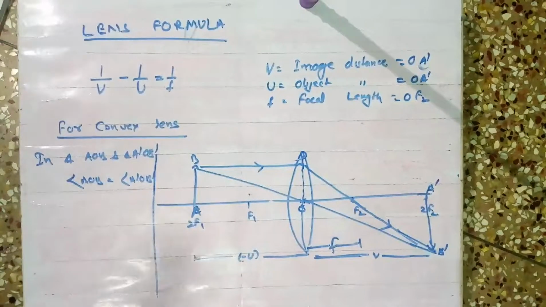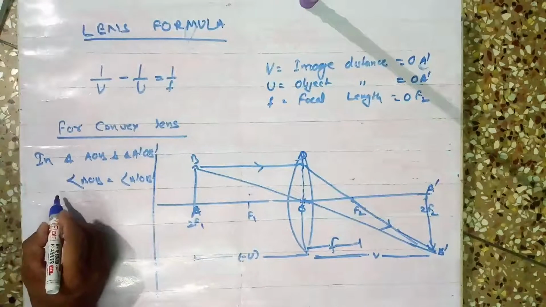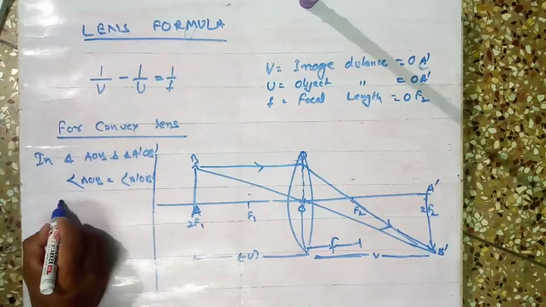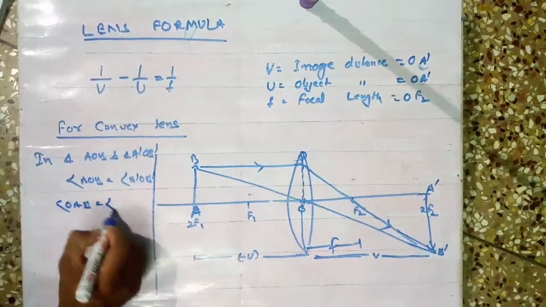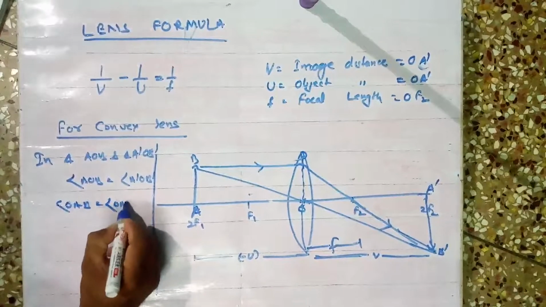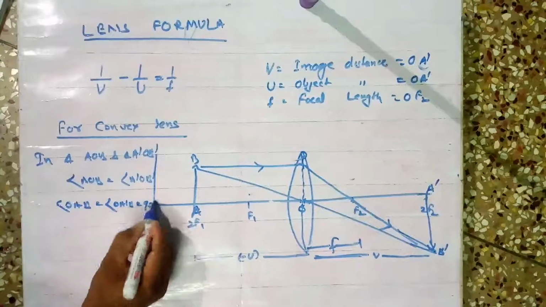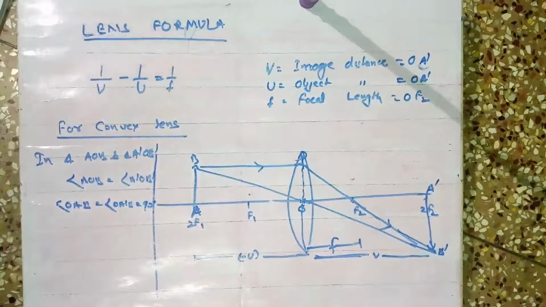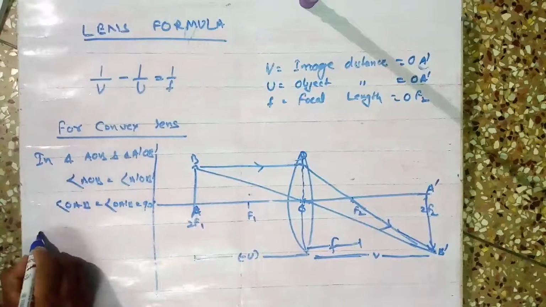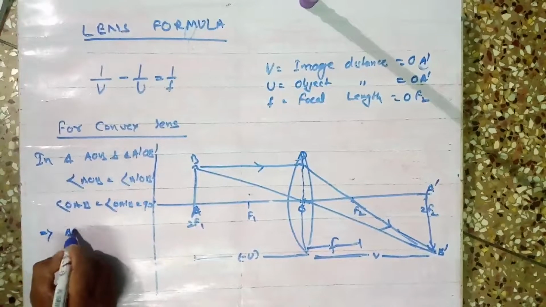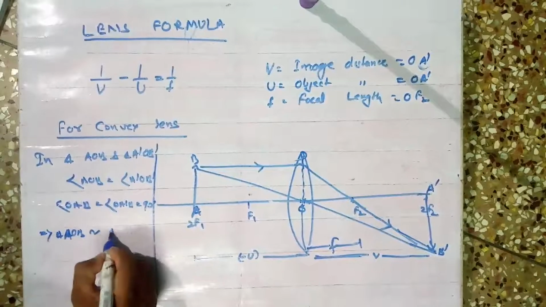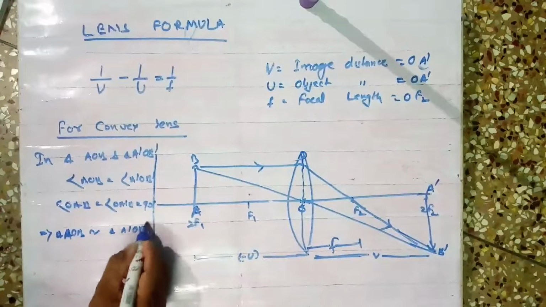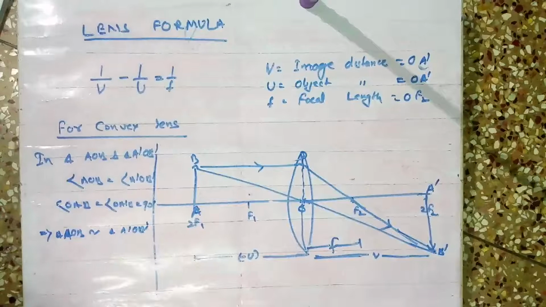Clear? Now angle OAB is equal to angle OA prime B prime, that is 90 degrees. This implies that triangle AOB is similar to triangle A prime O B prime. Clear?